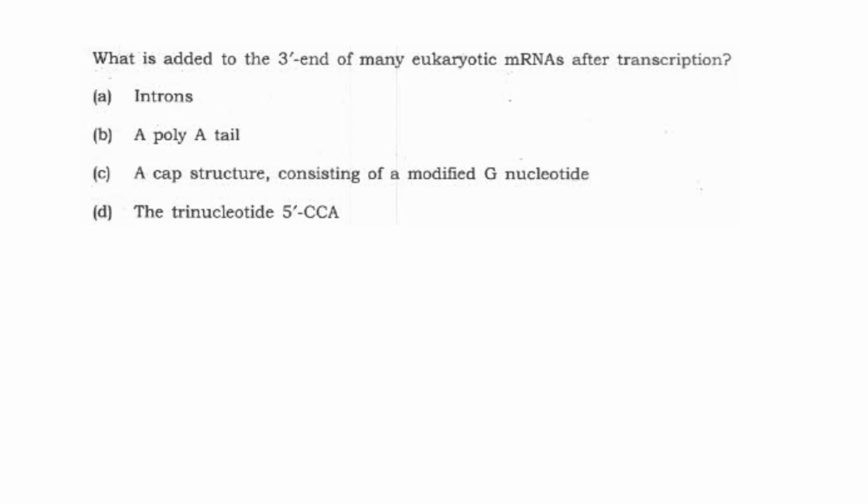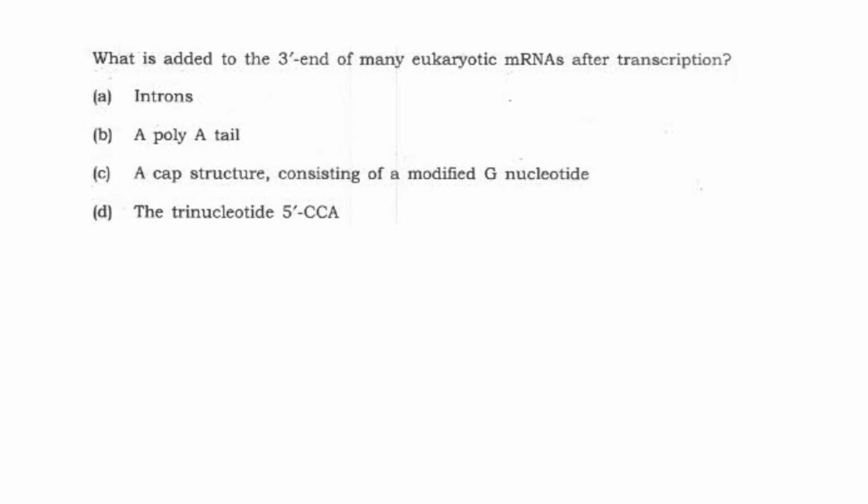Here comes the next question: what is added to the 3' end of many eukaryotic mRNA after transcription? We all know that in eukaryotes, after transcription, there are post-transcriptional modifications in the mRNA. Basically, there are three types: capping at the 5' end, tailing at the 3' end, and the third one is RNA splicing.